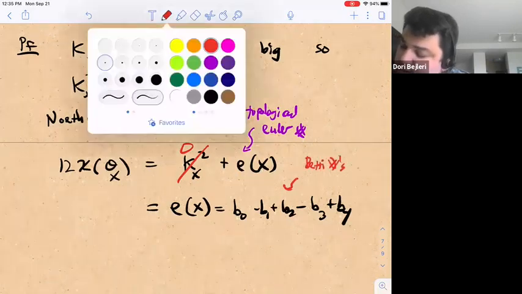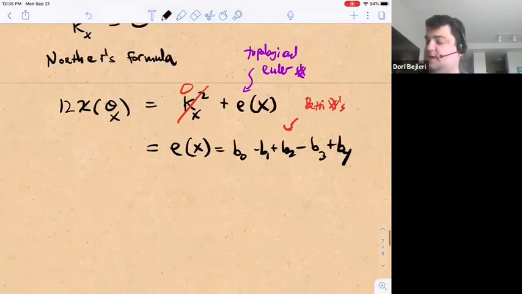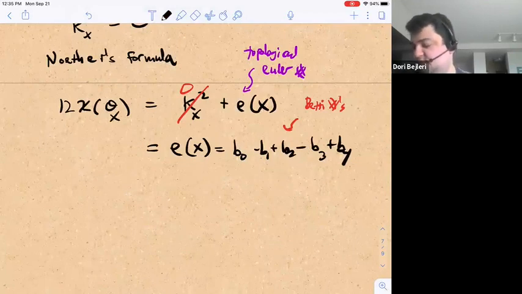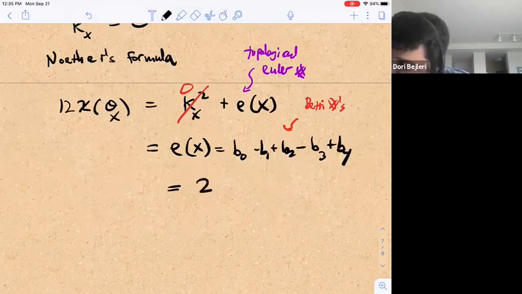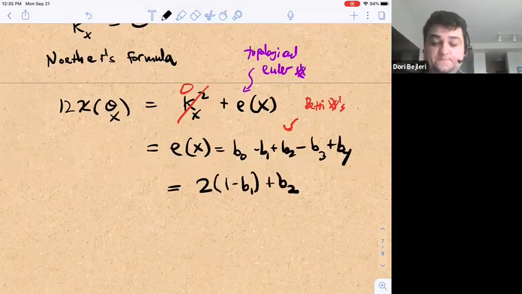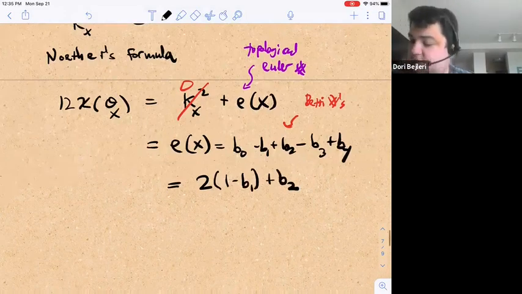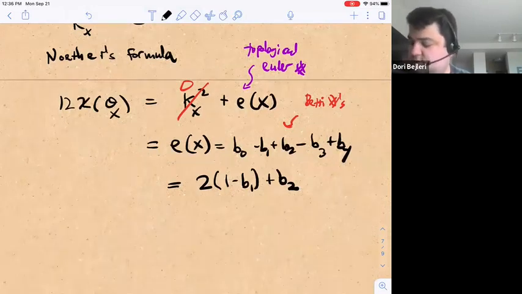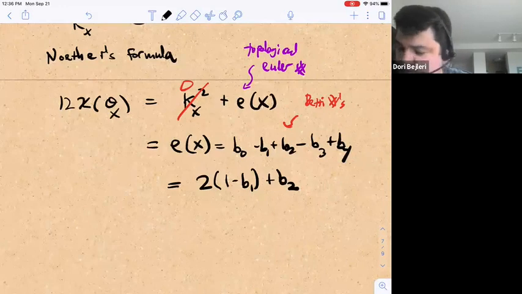And now by Poincaré duality, we know B1 is the same as B3, and B0 is the same as B4, which is just 1. So we can rewrite this as 2 from the B0 and the B4, and then minus 2B1, which I'll write as 2 times (1 minus B1), plus B2. Okay, so 12 times the Euler characteristic of O is the same as 2 times (1 minus B1) plus B2.